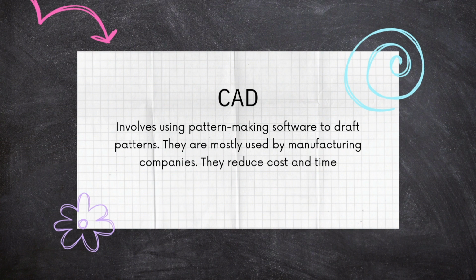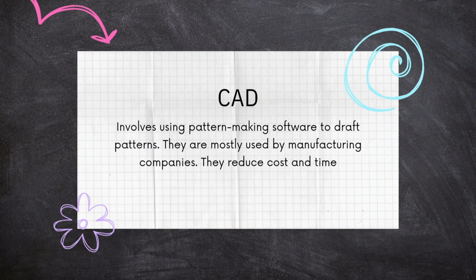Some of the vector software we use, like Adobe and the likes, are good for pattern making, but they are not made solely for pattern making. So we have other software made only for pattern making, like Gerber and White Rabbit. I think there are lots of them like that.